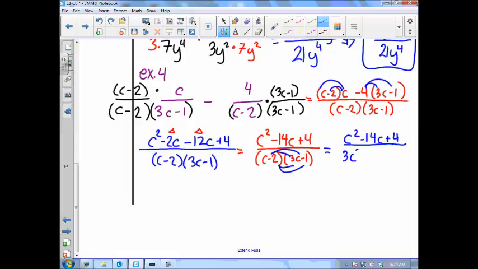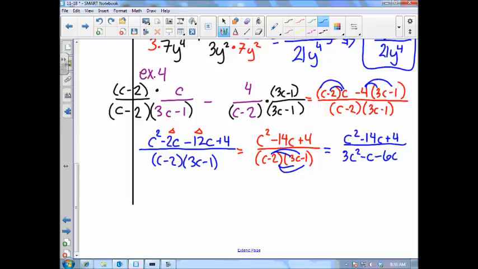Okay, 3c squared. It's not just plus 2. There should be 4 terms. Okay, so c times 3c is 3c squared. C times negative 1 is negative 1c. Negative 2 times 3c is negative 6c.